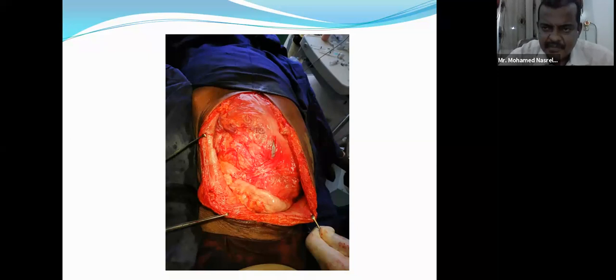The rest of the stomach, apart from the area where the tumor was originating, looked very benign and very normal.